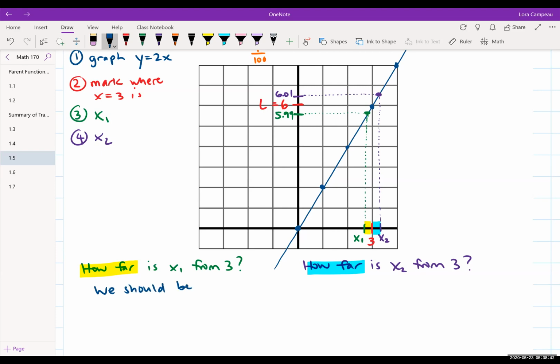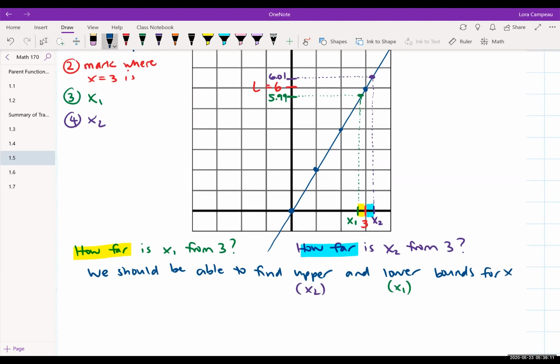So we should be able to find upper bounds, and that's my x2, by the way, and lower, that's x1, bounds for x so that our function is within 0.01 units from 6.